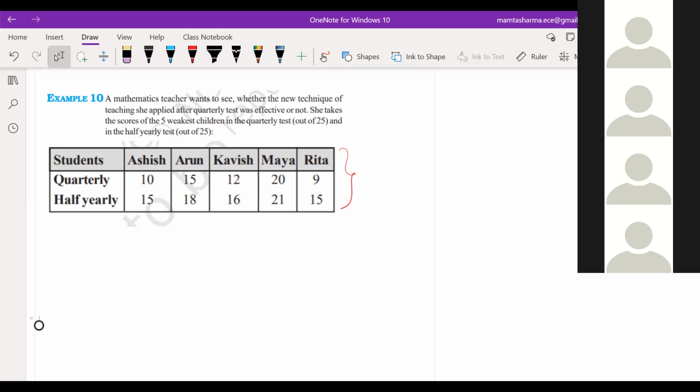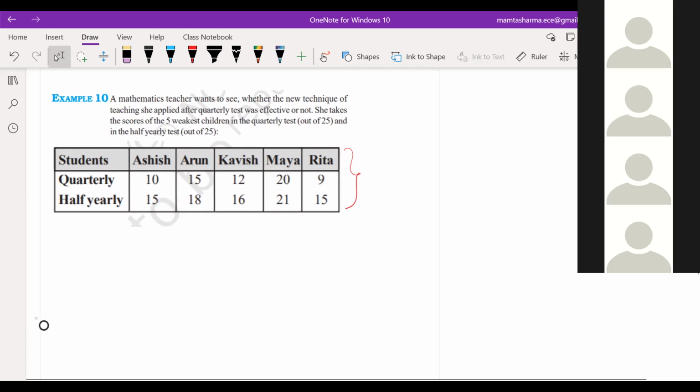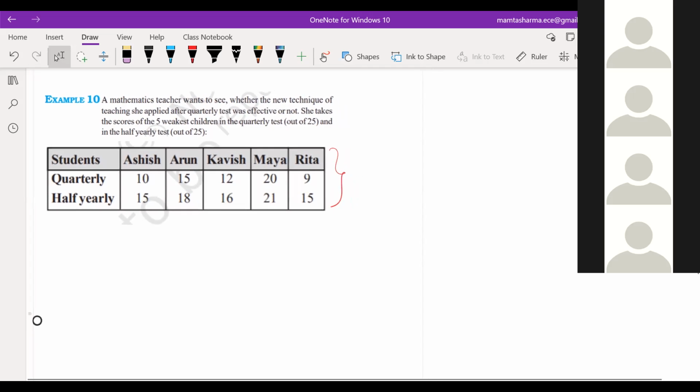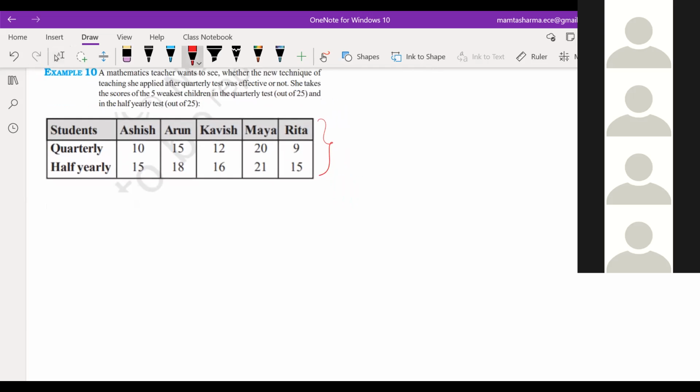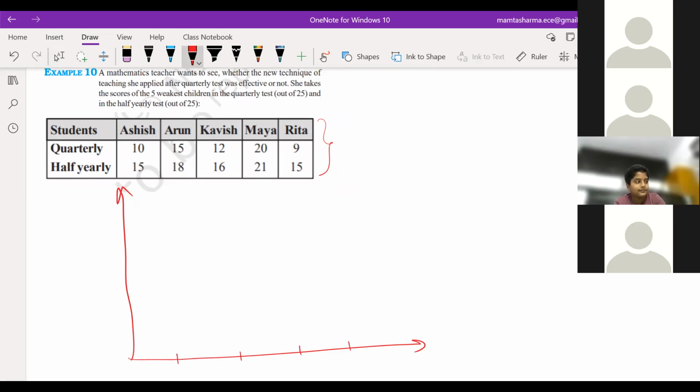So how will you plot the double bar graph for this data? Take the x-axis and y-axis. The x-axis will show the students' names. There are 5 students: 1, 2, 3, 4, 5.